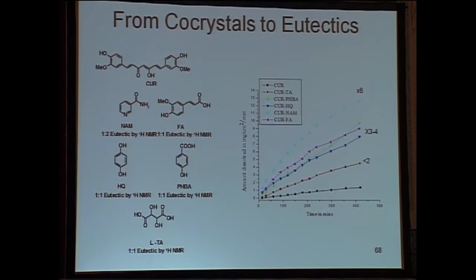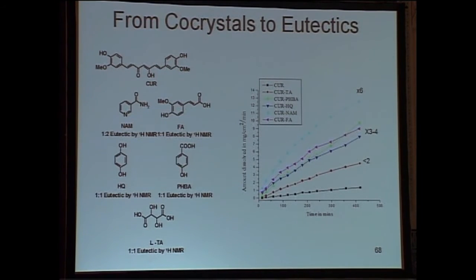What we did get were eutectics, which means they had a different melting point, a lower melting point, but the X-ray line pattern was matching peak to peak. And at the time we were doing this project about 4 years ago, DSC was perhaps the only and the most single method to characterize eutectics as opposed to cocrystals.